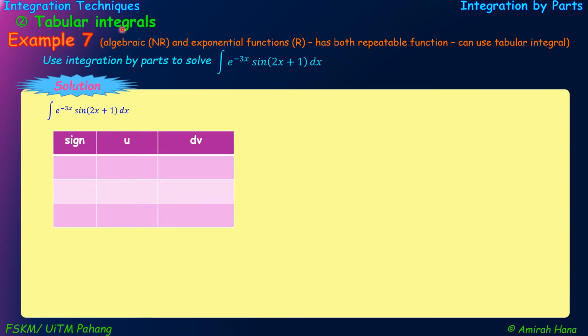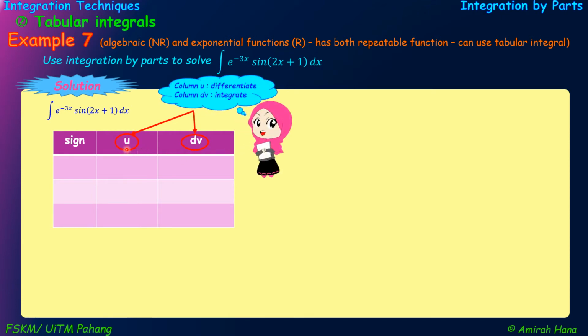When we use tabular integral under integration by parts, we need to use a table with 3 columns. The first column should be sign. The second column is u and the third column is dv. In column u, we need to differentiate, while in column dv, we need to integrate.